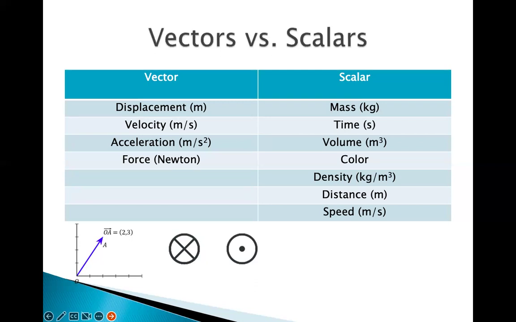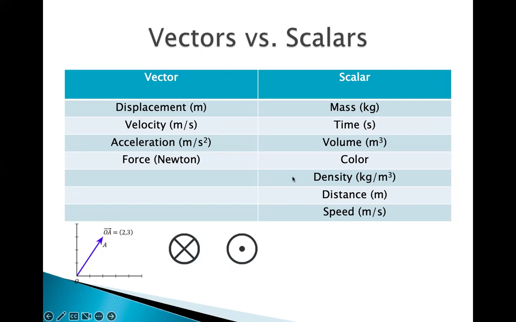On the right: mass, time, volume, color, density, distance, and speed. They do not have directions. Then you might say, speed doesn't have direction? No, it doesn't. Speed is the magnitude, or say the quantity number part, of how fast anything moves. If we want to add how fast it moves plus which direction it moves, that is what we use as velocity.